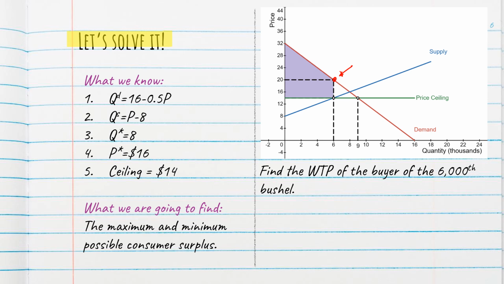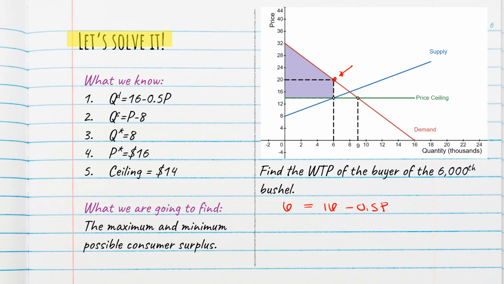This is the point along the demand where quantity is 6. So conceptually, if we think of the demand as measuring out the willingness to pay of each buyer, we are really looking for the willingness to pay of the buyer of the 6,000th bushel. Mathematically, we're going to set 6, our quantity, that's the 6,000th bushel, equal to the demand curve of 16 minus 0.5p.